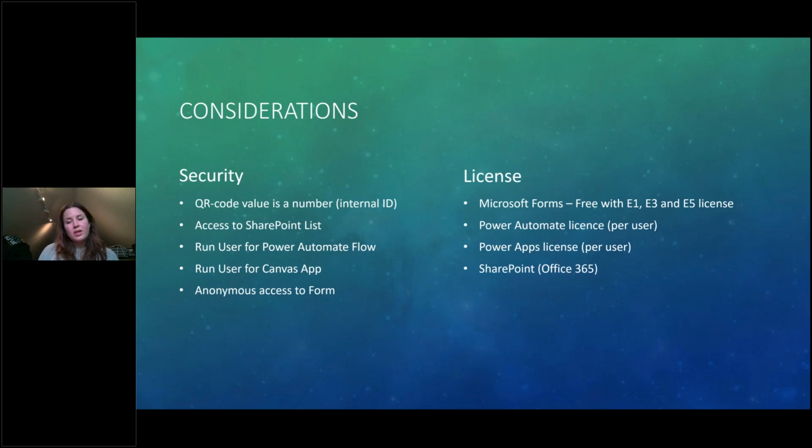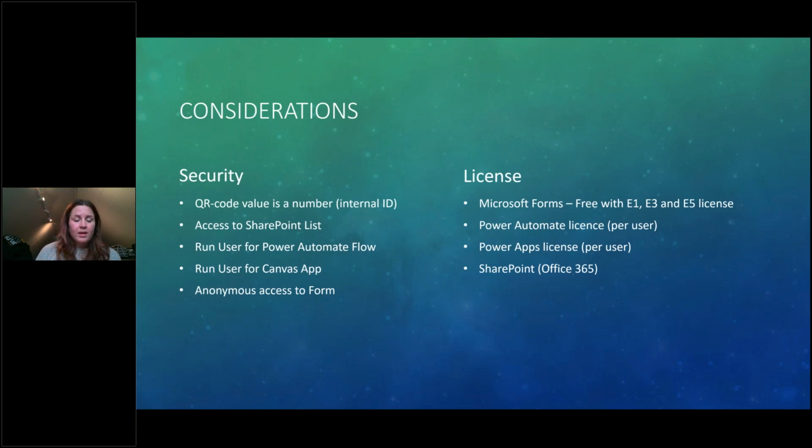But instead of using a URL, I wanted to use an internal ID to make sure that even though I have a QR scanner on my phone, I cannot simply scan the QR code and get insight into what this SharePoint item has as a value. So the QR code value would be useless to anyone else other than the one that has the appropriate Canvas app.